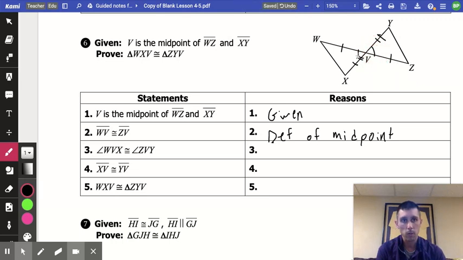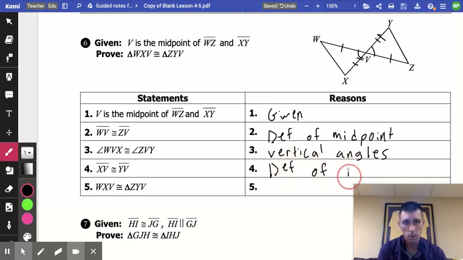What type of angles are these? Vertical angles. So by vertical angles. Now, how do we know that XV and YV are congruent? Well, V was the midpoint, so definition of midpoint.